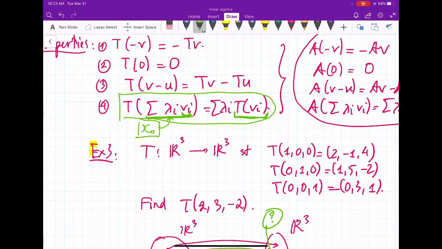That means you can find lambda i. Once you have lambda i and T vi, you can consider the linear combination of those images, and then you can find the image of x0. Make sense?